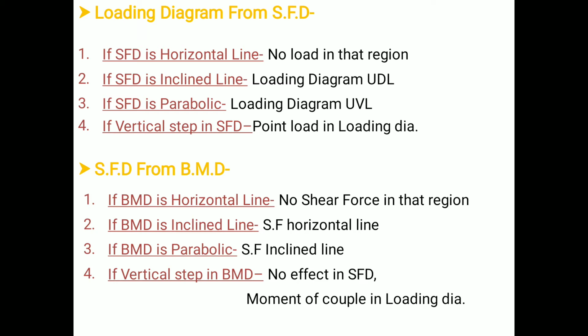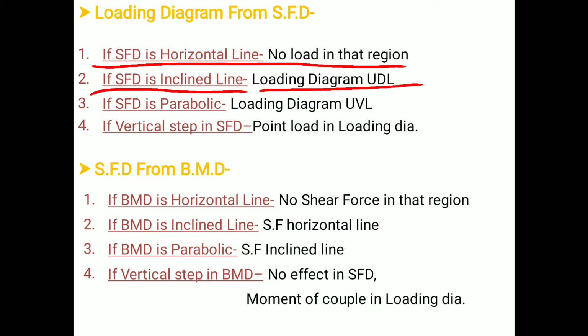Remember that if the shear force diagram is a horizontal line, it indicates that there is no load acting between these 2 points. If a shear force diagram is an inclined line, it indicates that a uniformly distributed load is acting between these 2 points. If shear force diagram is parabolic, then the loading diagram is uniformly varying load.